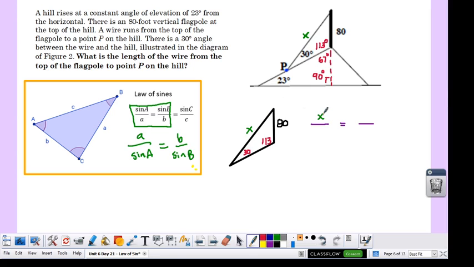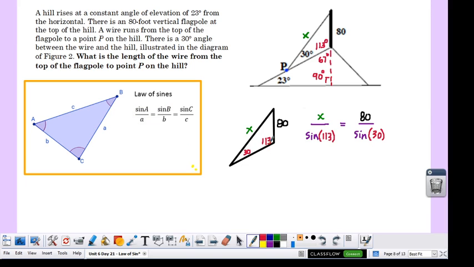So I put that on top of one of the fractions. The angle across from x is 113 degrees. So we'll put in sine of 113 degrees underneath the x. And then that fraction ought to be equal to a corresponding fraction of the other side length, 80, divided by sine of its opposite angle, which is 30 degrees.